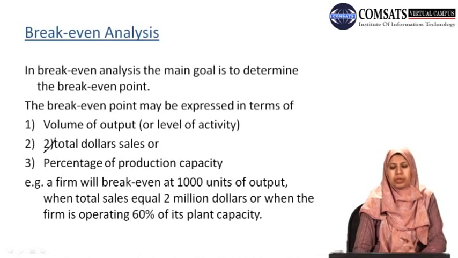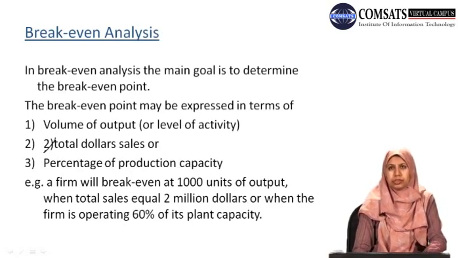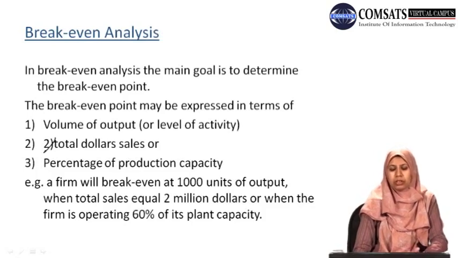That is, break-even point can be expressed in a combination of these three possibilities. Either we will be given the volume of output. Here in this case we know the volume, which is the 1000 units of output, or the total dollar sale.